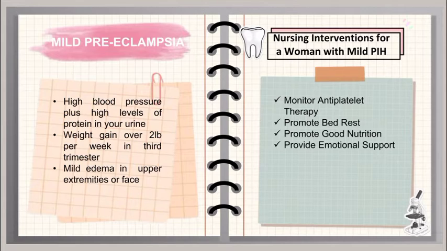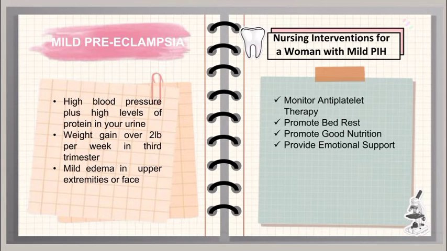So now, take note, in mild preeclampsia, the blood pressure rises up to 140/90 millimeters of mercury. There is a presence of protein in the urine, and then a mild edema in the upper extremities or the face.